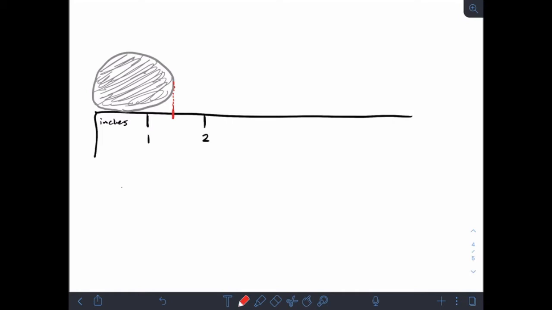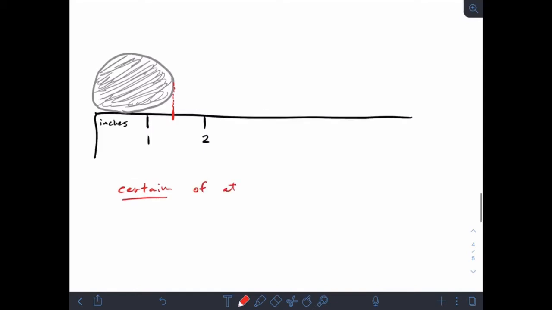Based on the ruler that I have, I'm certain of at least 1 inch. All right, I know for sure that it's something past 1 inch. So the 1 I'm positive about, and then I estimate the next digit.